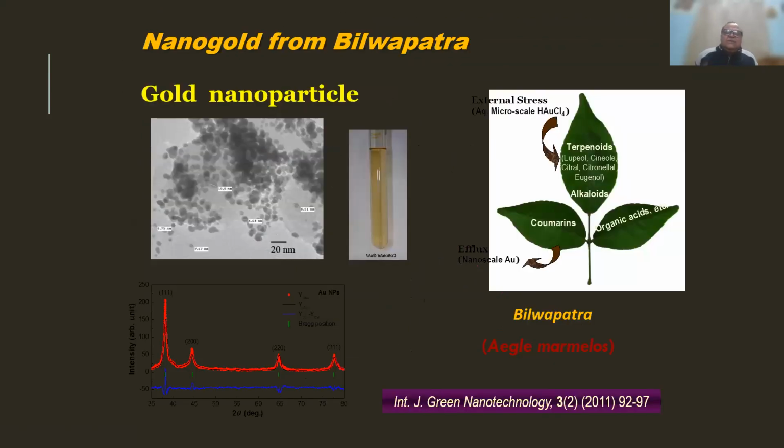Then Sir was discussing Bilvapatra, Aegle marmelos leaf. It has three leaflets. In Ayurveda, it is called Tridosh Nashak. Tridosh means Sattva, Rajas and Tamas gun.